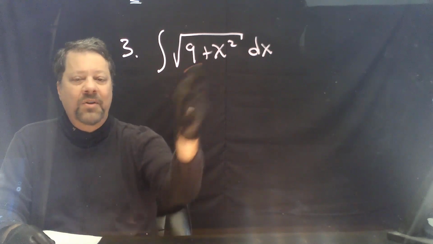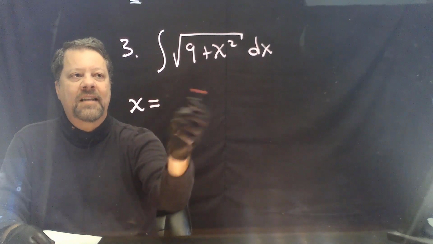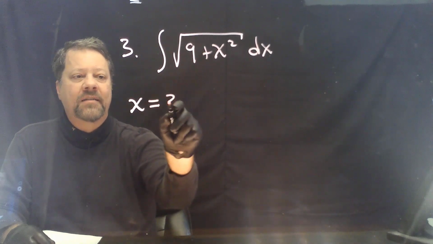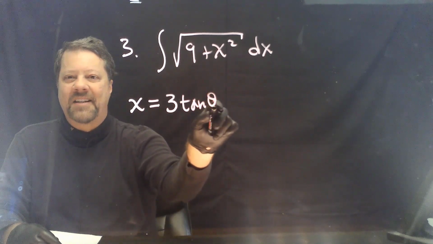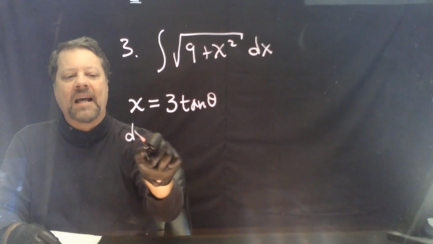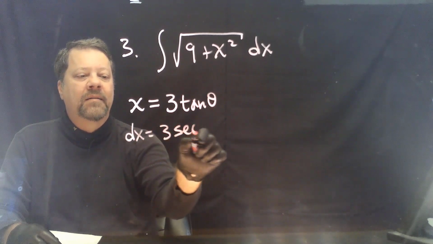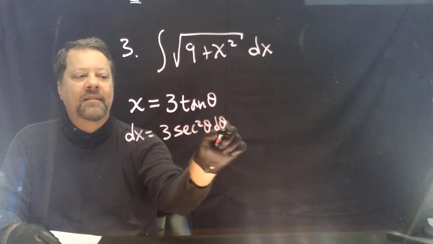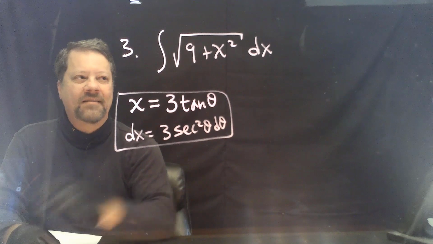So you'll take the square root of the variable, set it equal to the square root of the constant times tangent theta. So dx will be 3 secant squared theta d theta. We'll encapsulate that in a box.